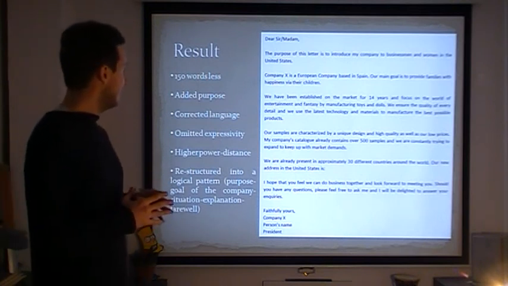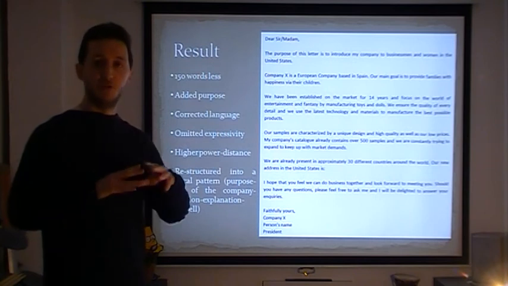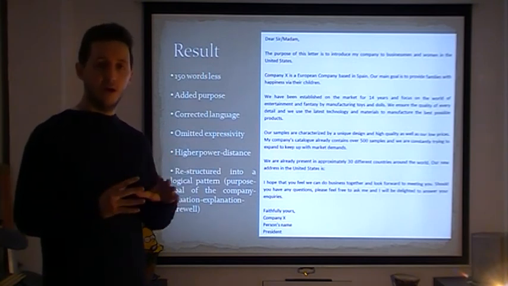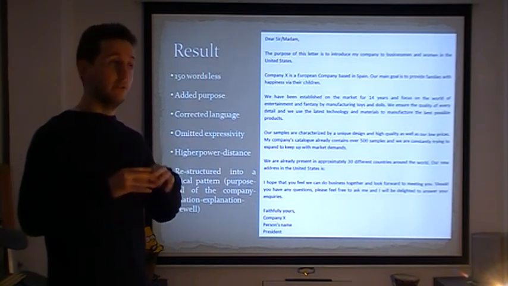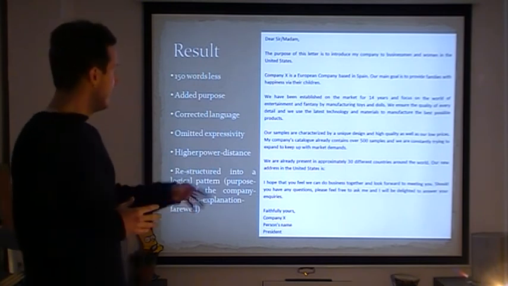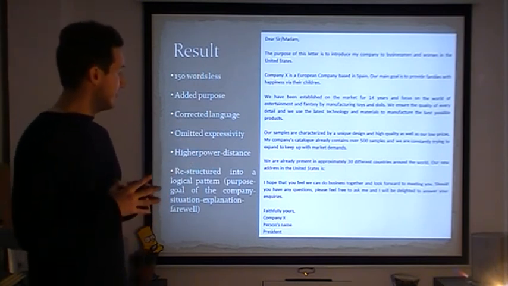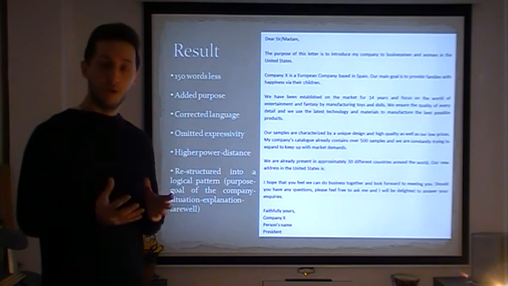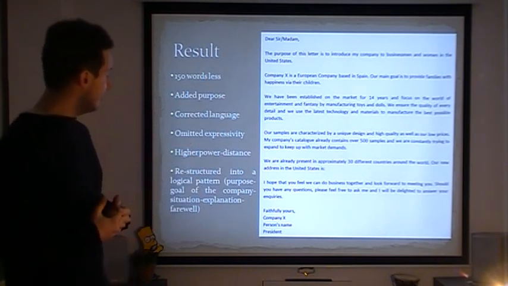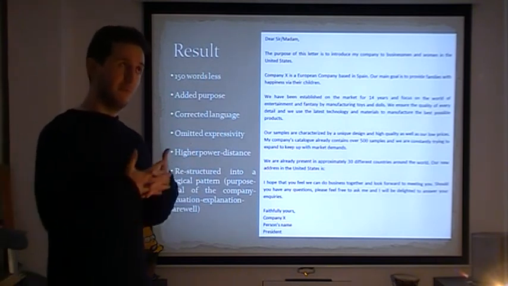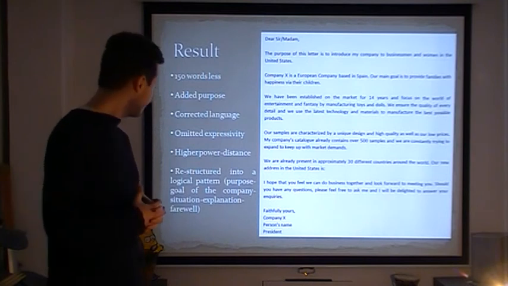Following that, there is a paragraph dedicated to an explanation of the situation of the company. After that, there's a paragraph to describe the way in which they work. And to finish off, there's a respectful farewell section.